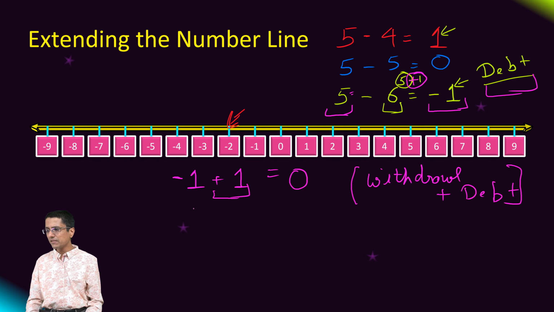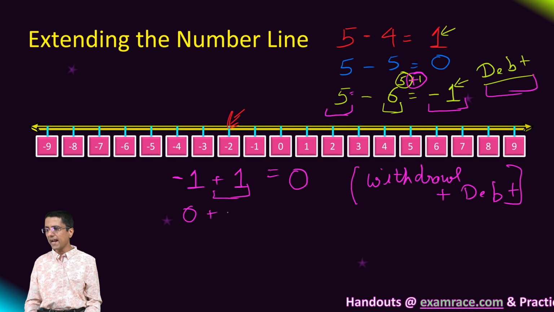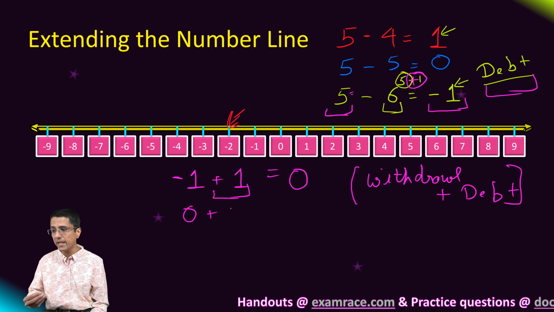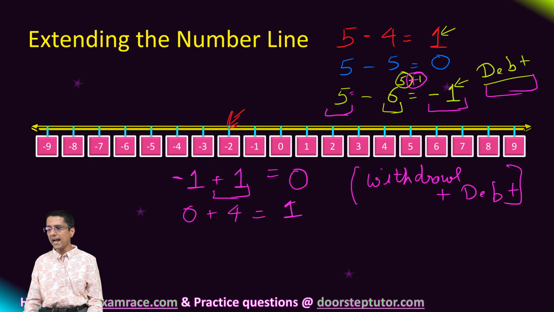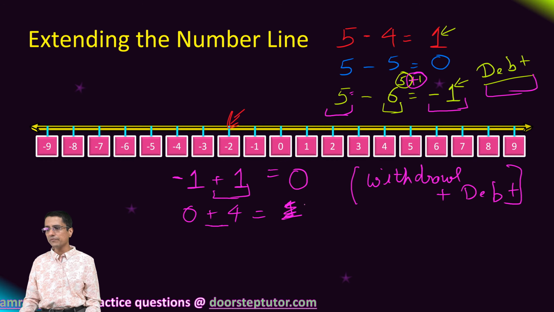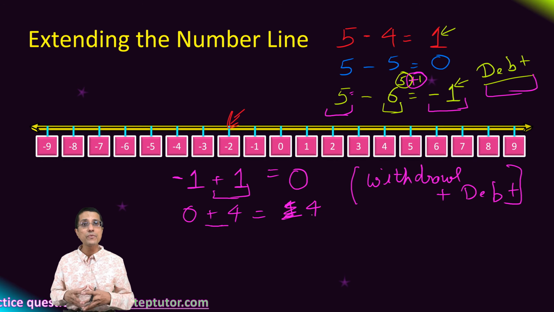The second thing is that on top of this 0 balance, if I add anything further, if I make more deposits, let's say that I deposit 4 rupees, then those would be added to my bank account. So if I deposit 4 rupees, my balance would really become 4.